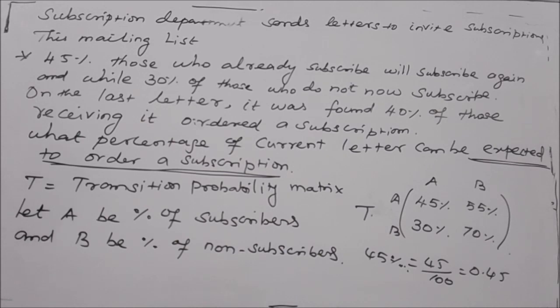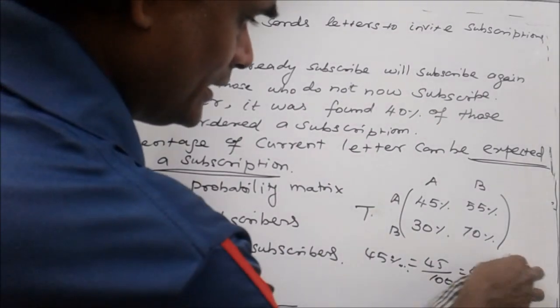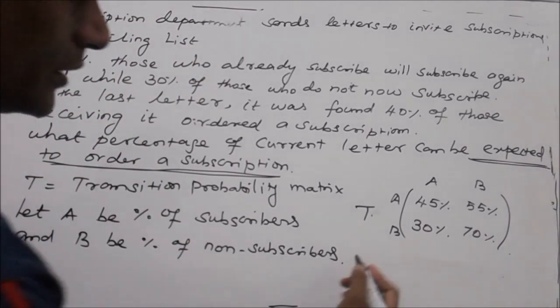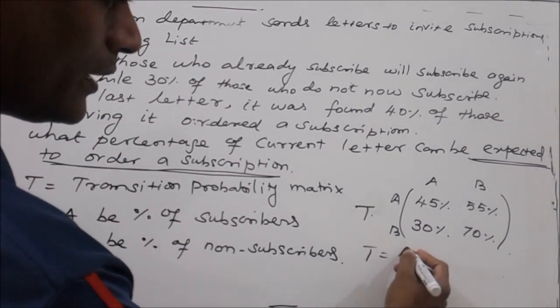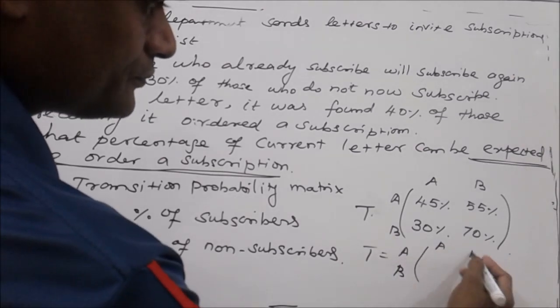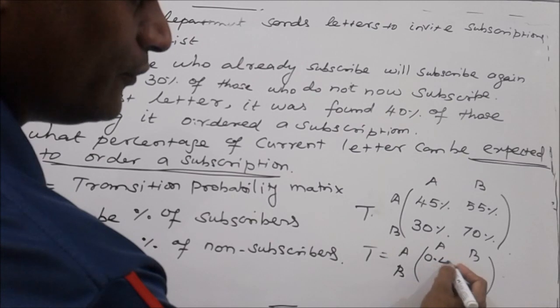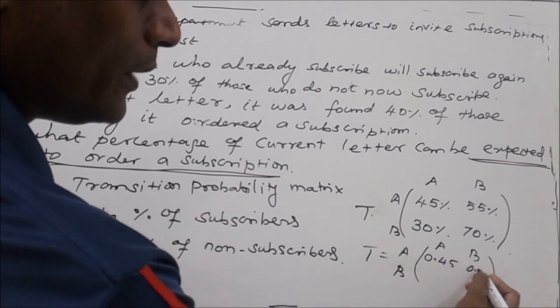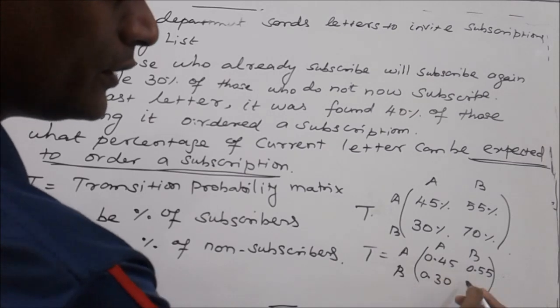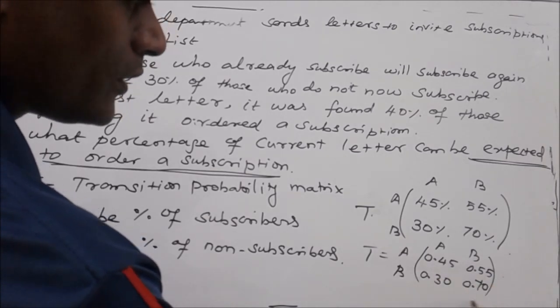Therefore, the transition probability T will be equal to the matrix 0.45, 0.55, 0.30, 0.70.